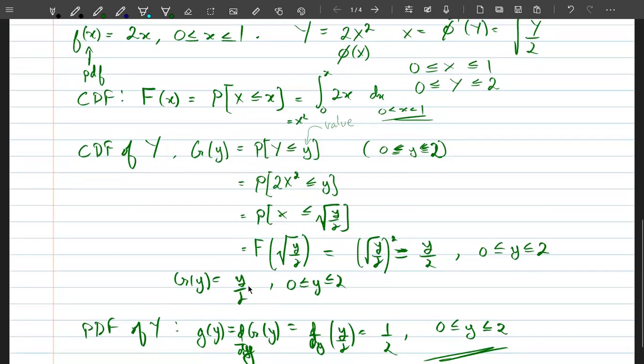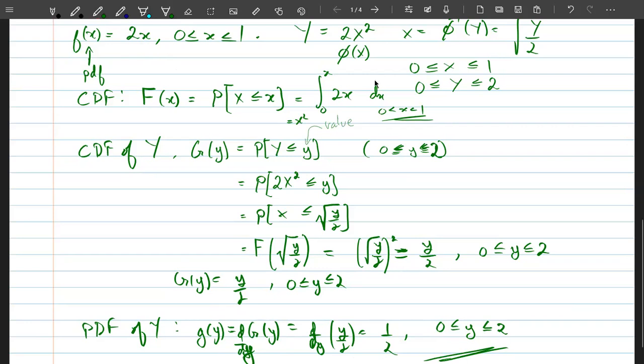So if you differentiate this with respect to x, remembering that y and x are related, not independent, and then multiply by dx by dy, so by chain rule, then you will get this derivative itself. So this is exactly the PDF of x multiplied by dx by dy. Okay.